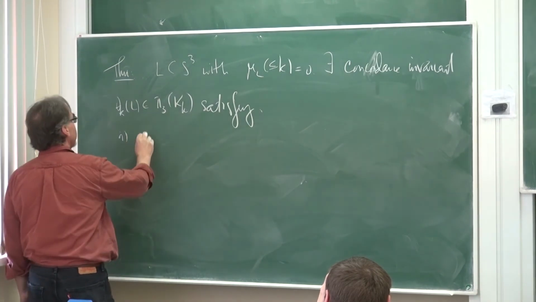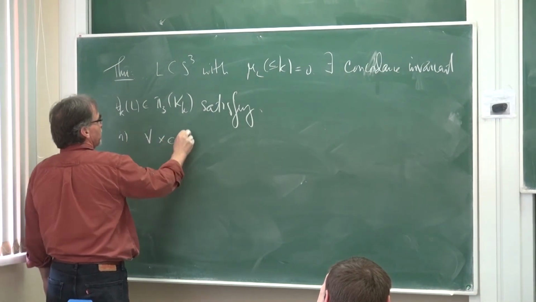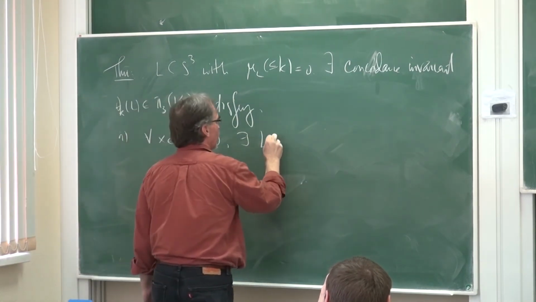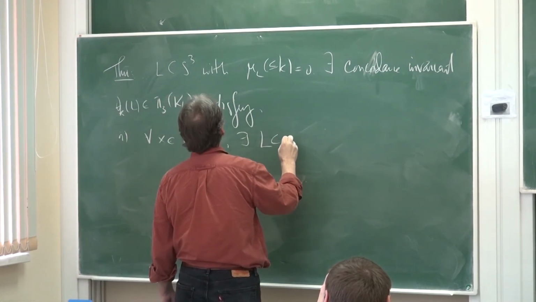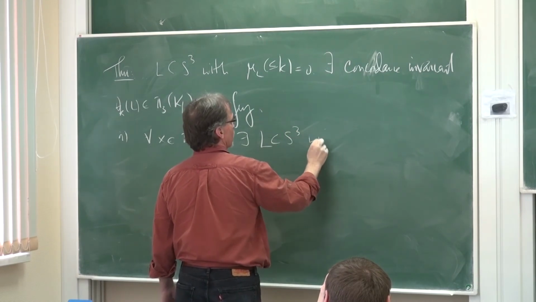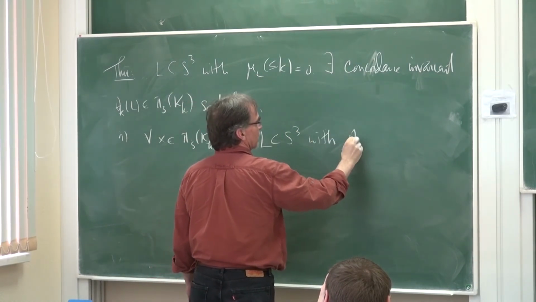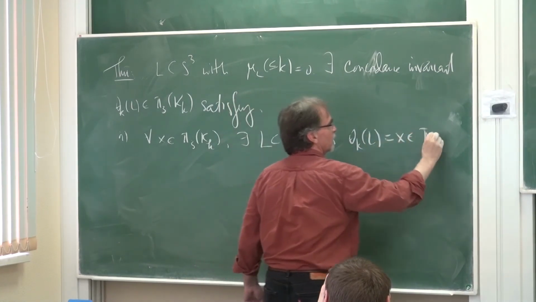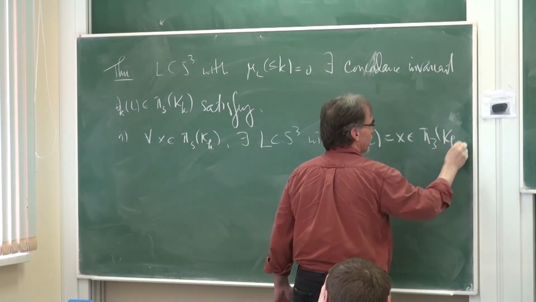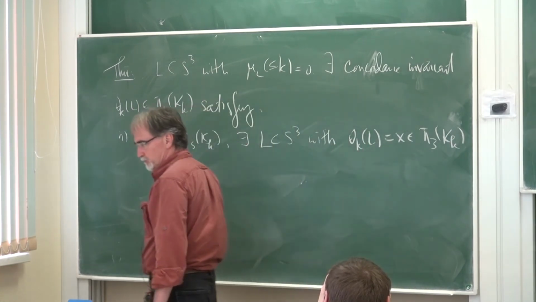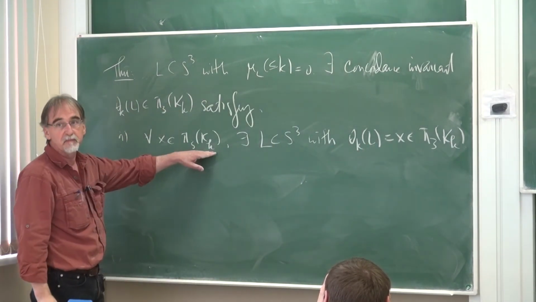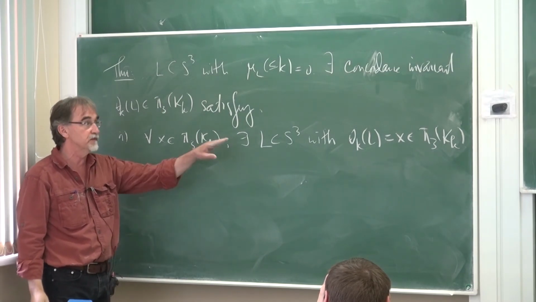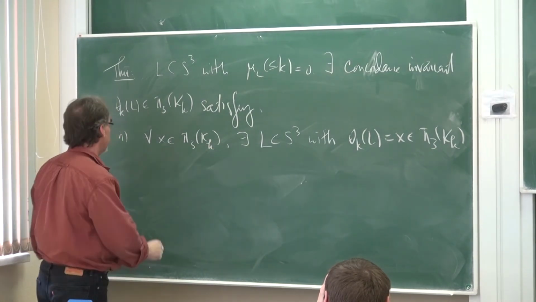Well, let's see. For any x in pi 3 of K_k, there exists some L in S3 with theta_k of L equal to x in pi 3 of K_k. I'll talk later briefly about roughly how that statement is proven. It's really remarkably easy. But every one of these invariants is realizable. They're structured to be that way.